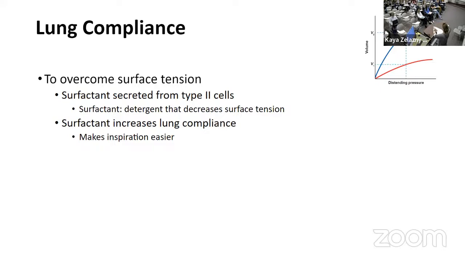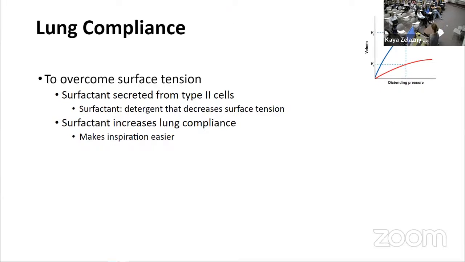So we can expand the lung easier, get volume in easier relative to our pressure. And that is just a description of what high compliance means. Okay, so surfactant, this substance that we're about to look at, increases the lung compliance.